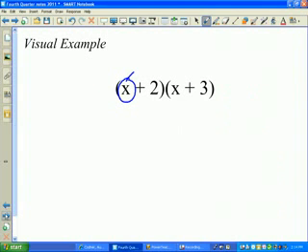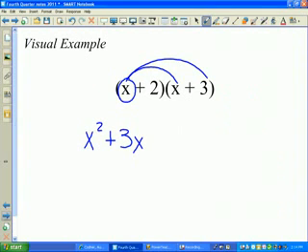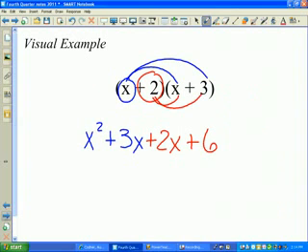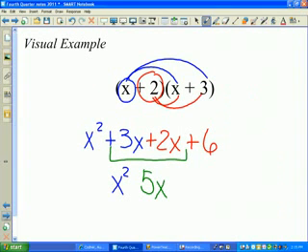If we were to solve this, that means we wanted to do the distribution of our x to everything inside the parentheses, which gave me x squared plus 3x. And then we would distribute the positive 2 to everything inside the parentheses, which gave me plus 2x plus 6. And if you notice, right here in the center, we had our like terms, so we combined those, which gave me a 5x. Then we bring down my x squared, and we bring down my plus 6.